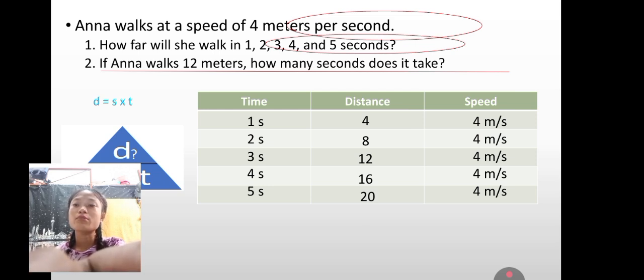Atong gipangita is 12 meters. Atong i-cancel out ang same nga units, ang S to cancel out. Ang mahabilin is M. Ito ning ipamutang sa atong distance. So, ang gipangita is 12 meters. Dira siya natupong sa 3 seconds.